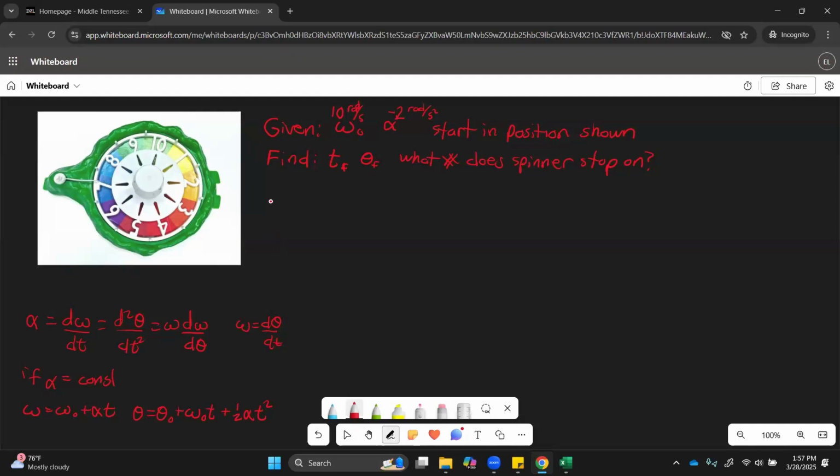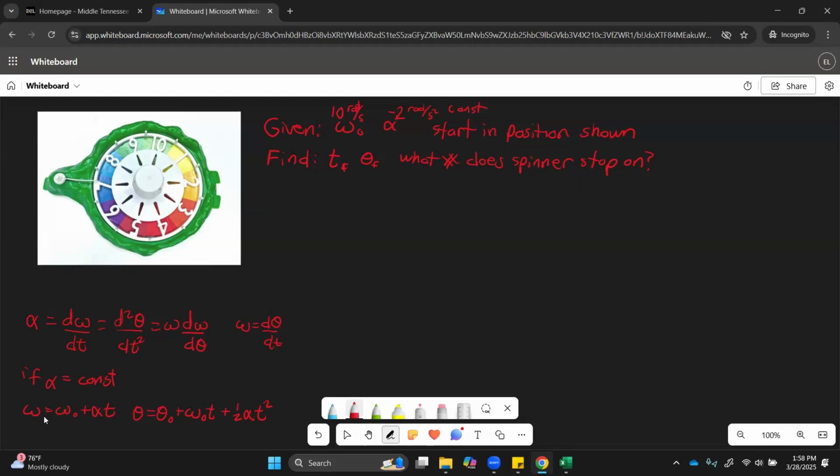Okay, so the steps to solve this problem. It asks us to find the stopping time and the stopping angle, basically the stopping position. We were given alpha is -2 radians per second squared. Let's say that's a constant, so we can use the constant acceleration equations. We'll use the omega equation to find the stopping time, since the stopping time is when omega equals 0.